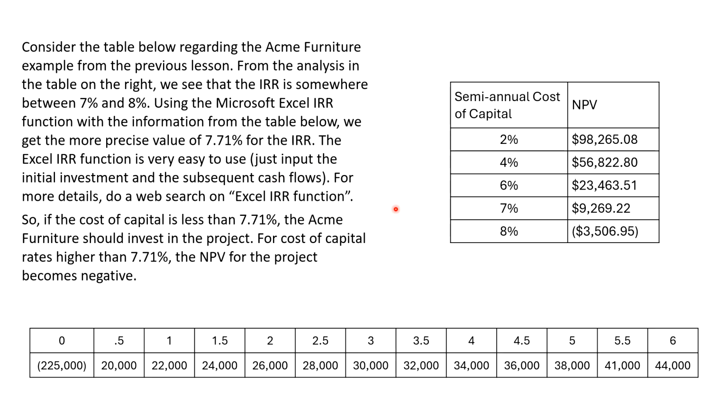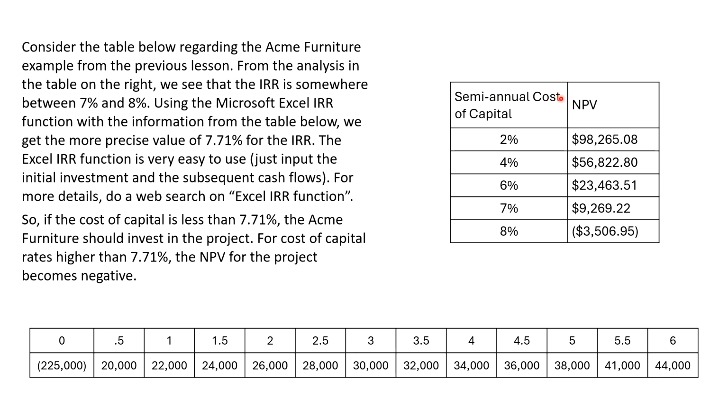On this slide, I have the example we talked about in the previous lesson. If you recall, we had the Acme Furniture Company, and Alice and Bob were looking to do some improvements to their company. And we had this chart.